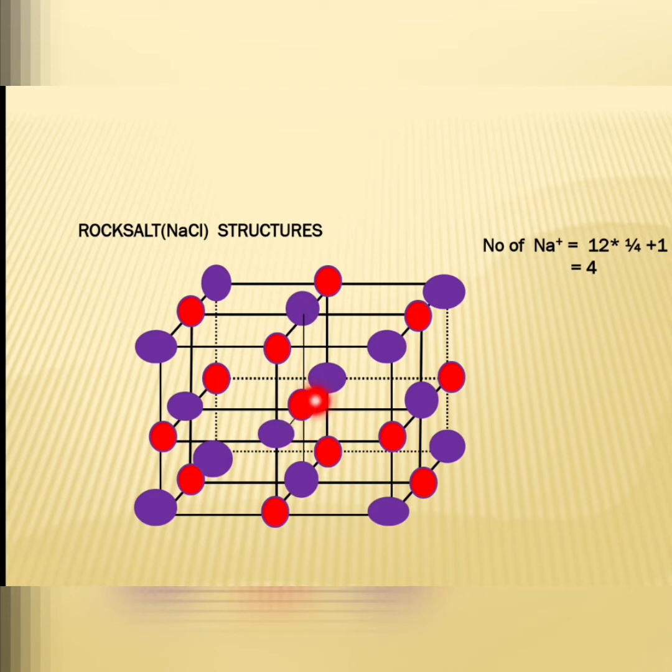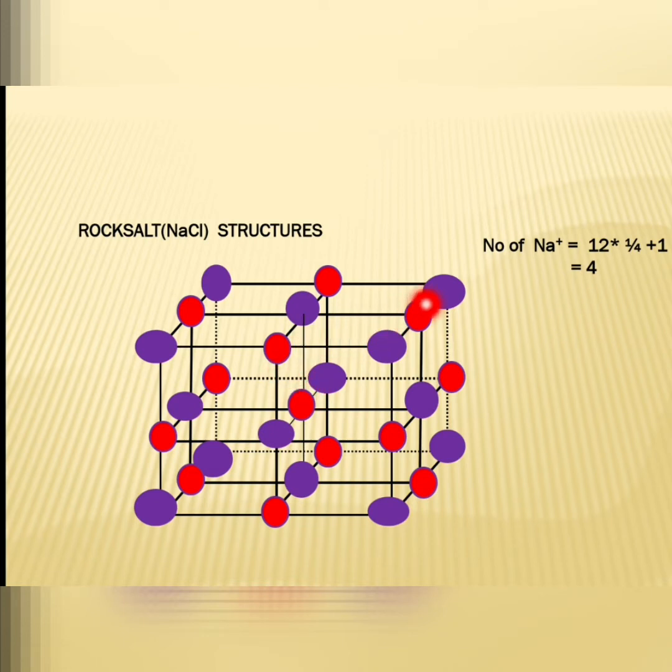These are the positions of the ions in the rock salt or NaCl structure. That is, one type of atom forms the FCC lattice, and in that FCC lattice the other type of atom sits in the void spaces.